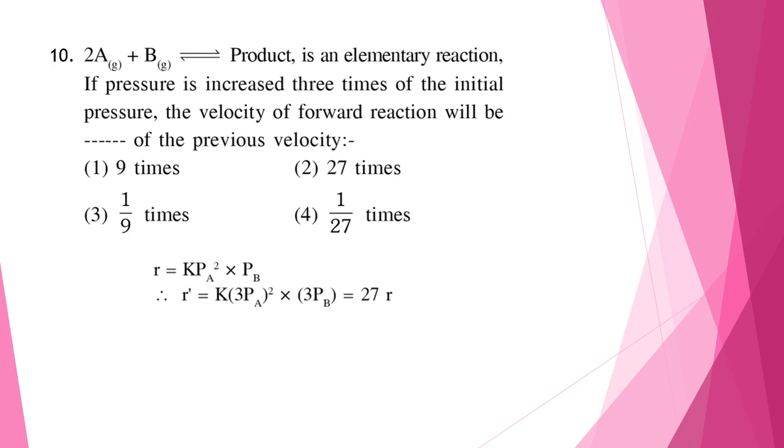So R dash will be equal to, as the pressure has been increased 3 times, K into 3PA whole square into 3PB. So this will be equal to 27R. So the correct answer will be option 2.